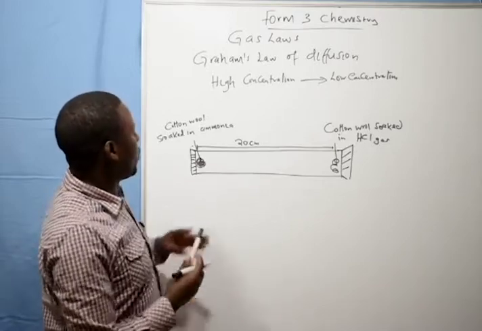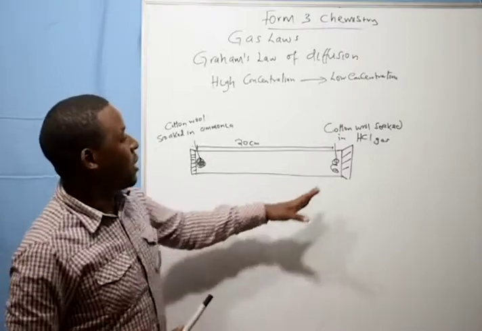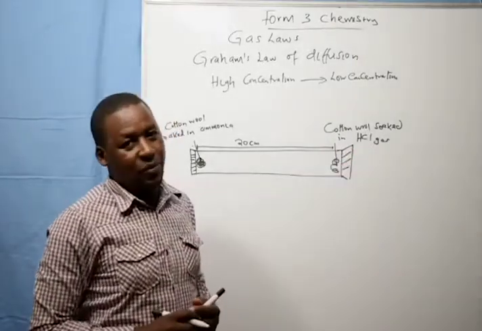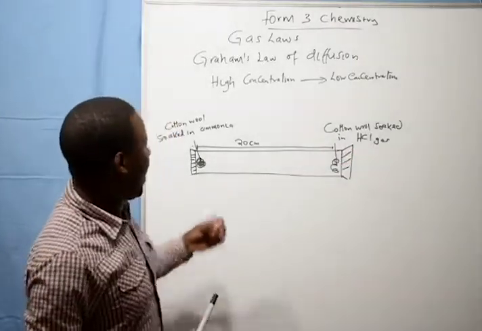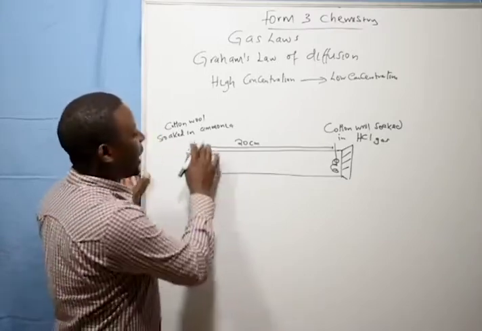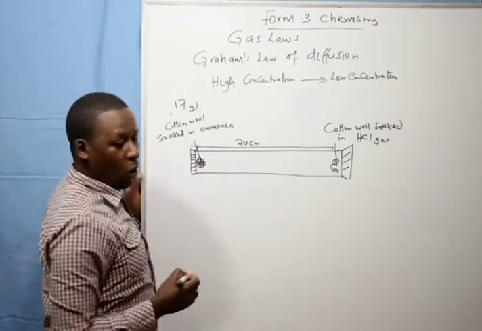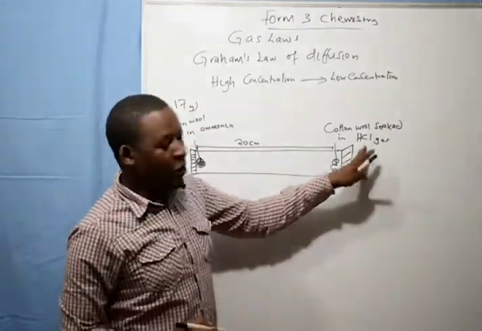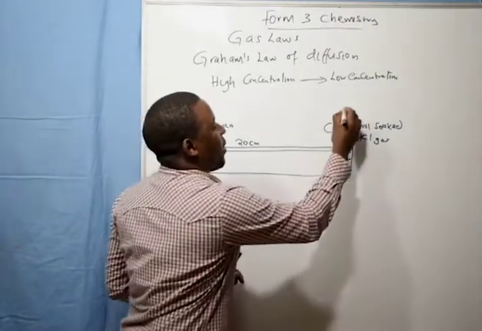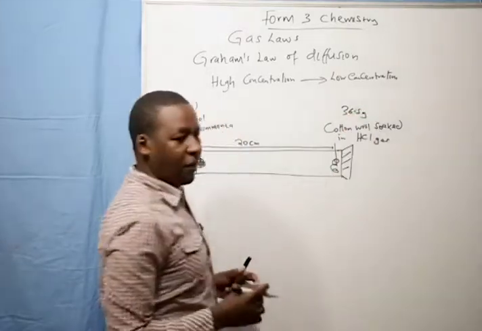We are going to use ammonia gas and hydrogen chloride gas. These two gases have different masses. The weight of ammonia gas is 17 grams per mole, and the weight of hydrogen chloride gas is 36.5 grams per mole.